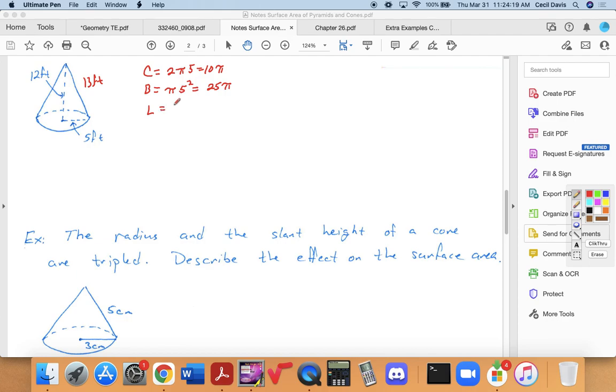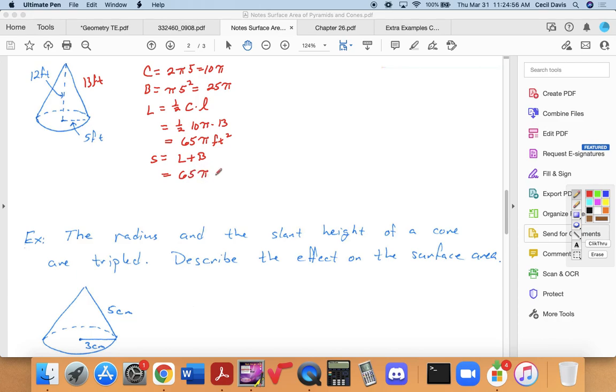So the lateral area is 1/2 circumference of the base times the slant height. And again, it's the slant height because that's the height of the lateral face. So it'll be 1/2 of 10 pi times 13 is 65 pi square feet. The surface area will be the lateral area plus, I've just got one base.